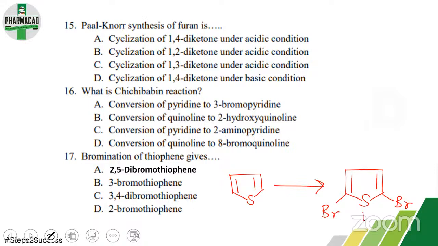The numbering will be in this manner. So 2,5 dibromothiophene will be our product after bromination. So the answer is option A, 2,5 dibromothiophene. That is option A.